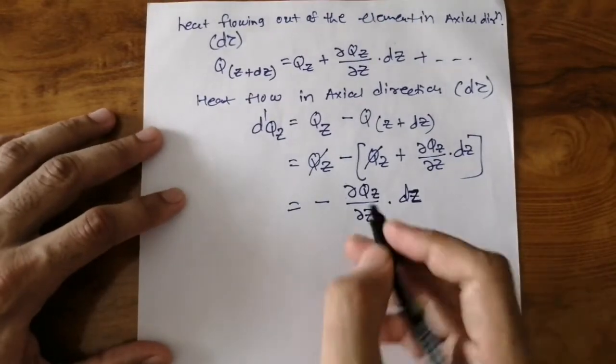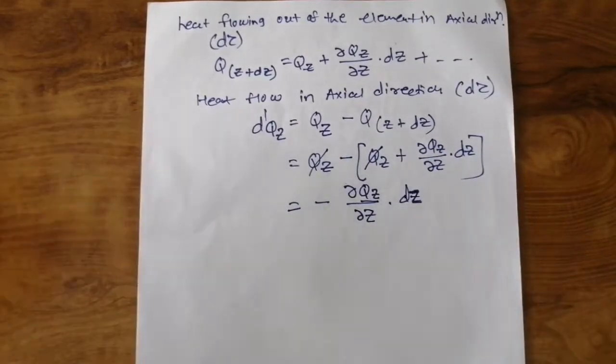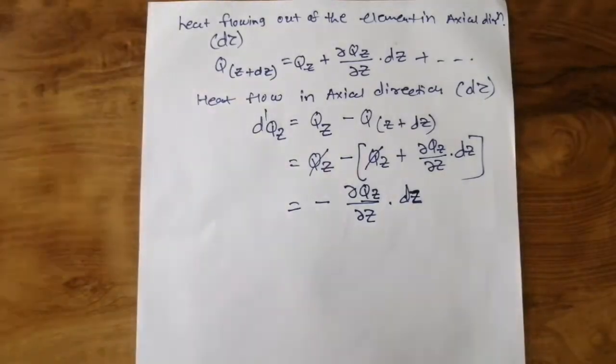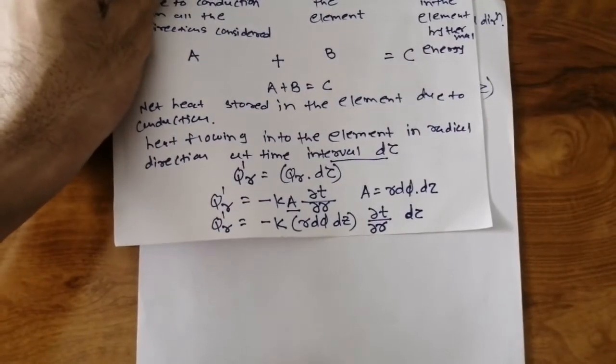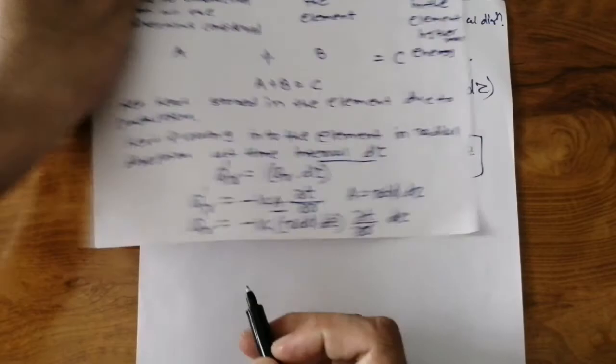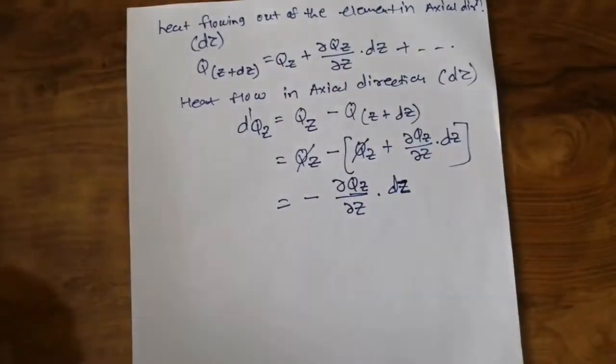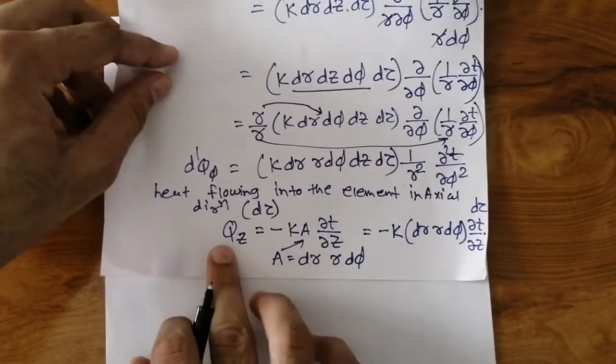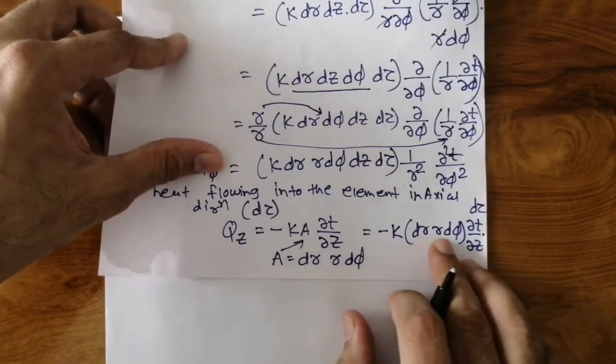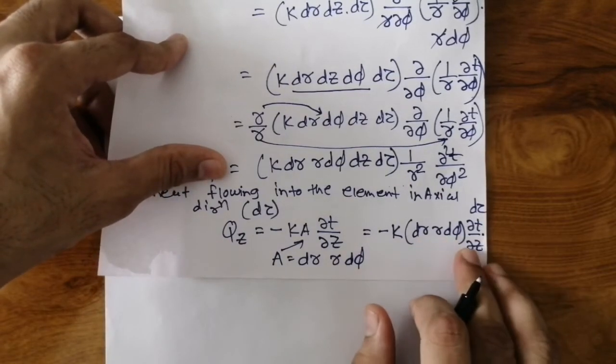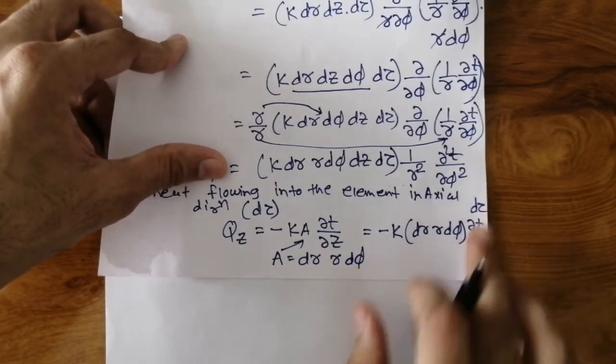Now what is qz? qz means energy in. The energy in equation for qz is minus k dr r d5 del T by del z d tau.